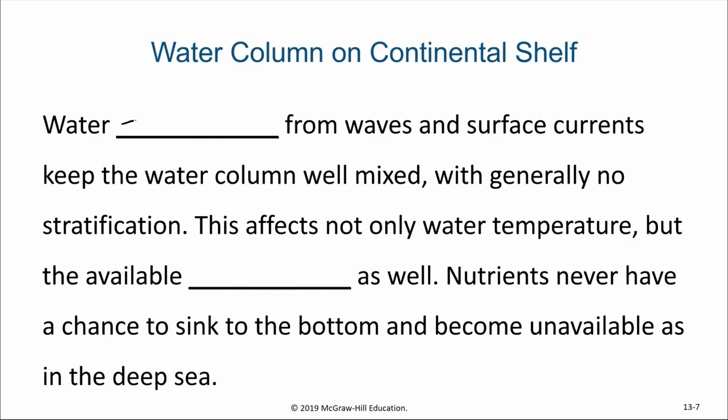Water turbulence from waves and surface currents keep the water column well mixed, with generally no stratification. This affects not only water temperature, but also the available nutrients as well. Nutrients never have a chance to sink to the bottom and become unavailable, as is the case in the deep sea, and so phytoplankton and other photosynthesizers often have access to resources that are lost in those deep sea environments.